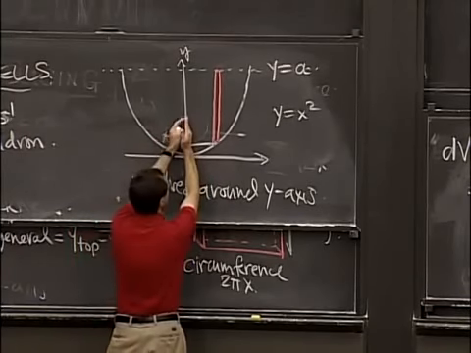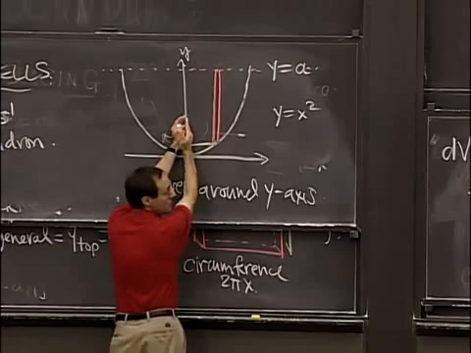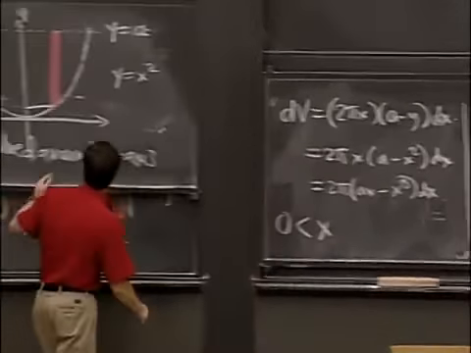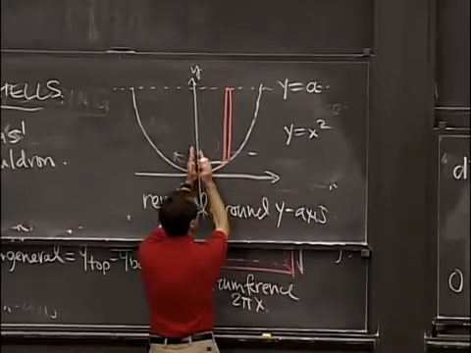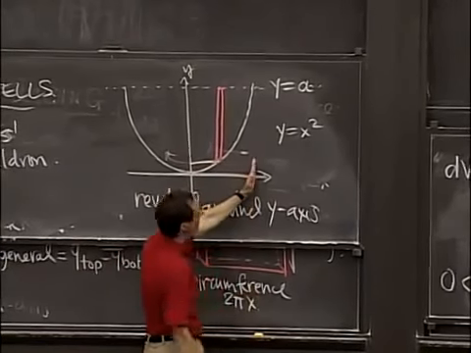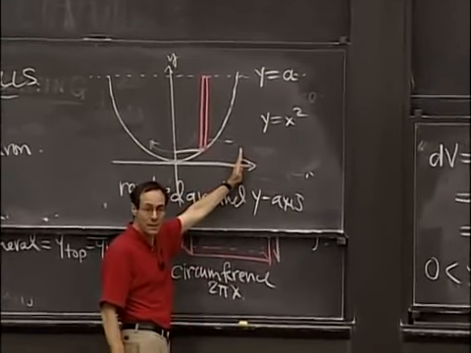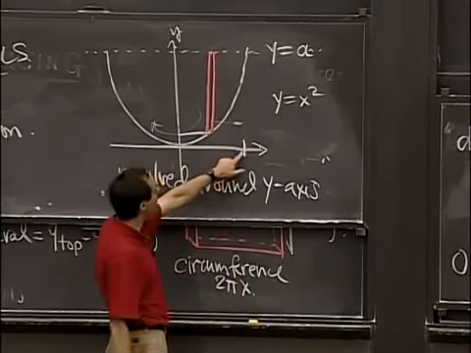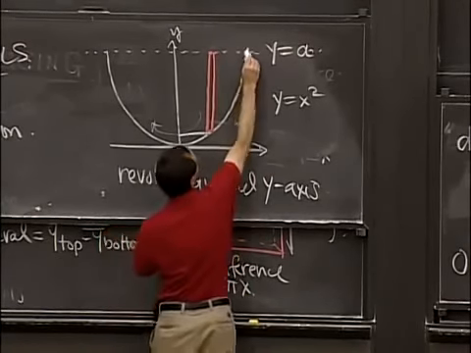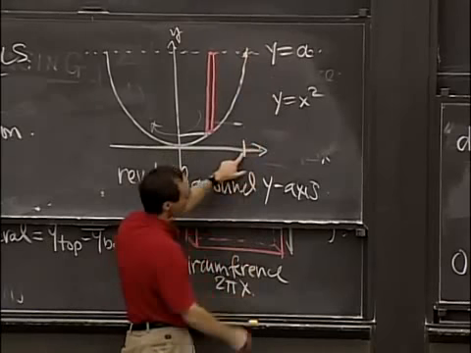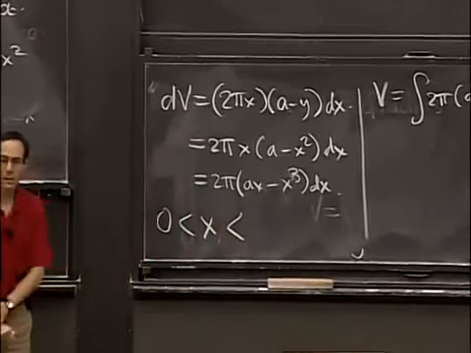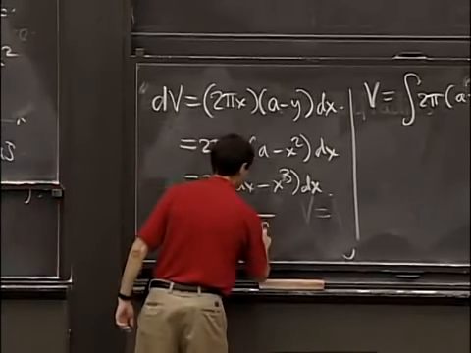So the starting place is going to be x equals 0. That's where we start. And where we end is the farthest rightmost spot for x, which is down here. Now you've got to watch out about where that is. In the y variable, it's up at y equals a, but in the x variable, we can see that it's the square root of a.